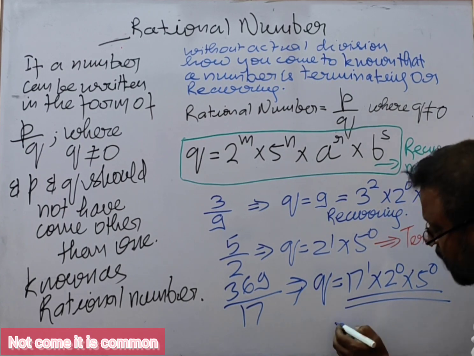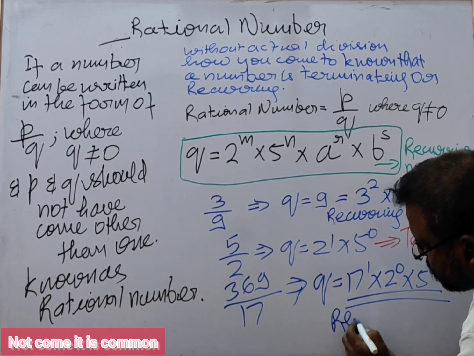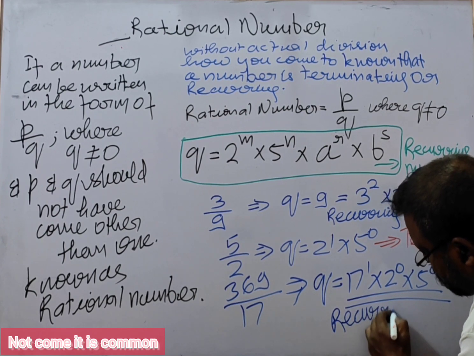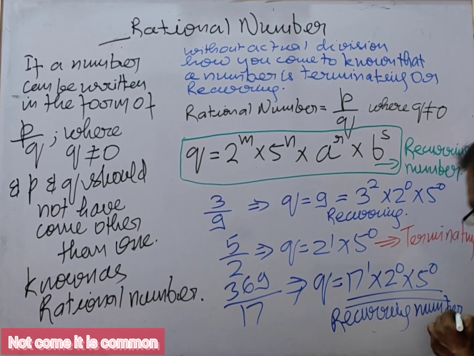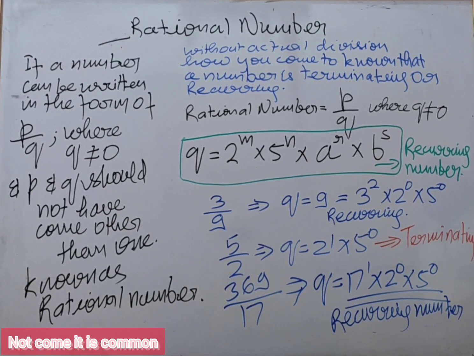Recurring numbers are like that. Others were talking about 1/7, which I already did. In the examples we have done, 1/7, 1/3, everyone knows them. This is something new, other than the examples. So I hope you understand that without doing actual division, we can come to know whether it is terminating or recurring. I hope it is clear to you.